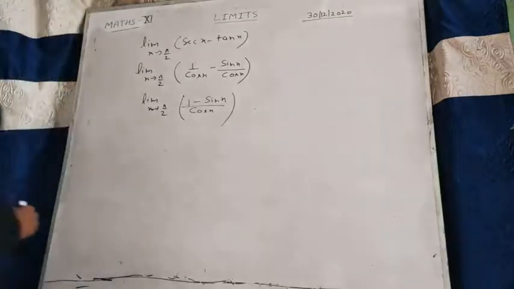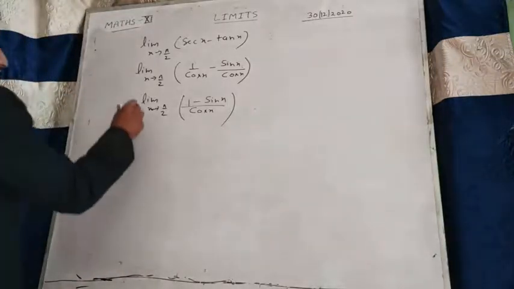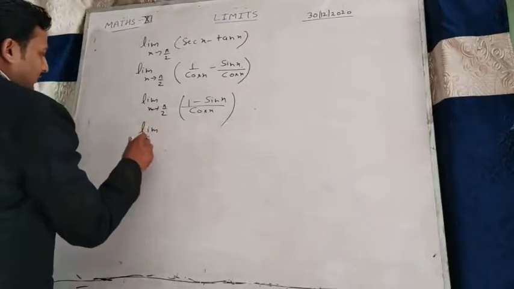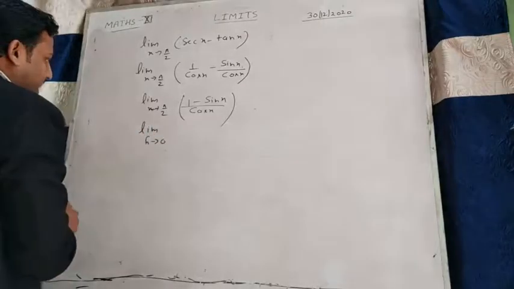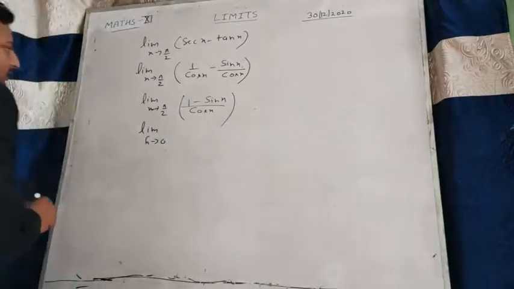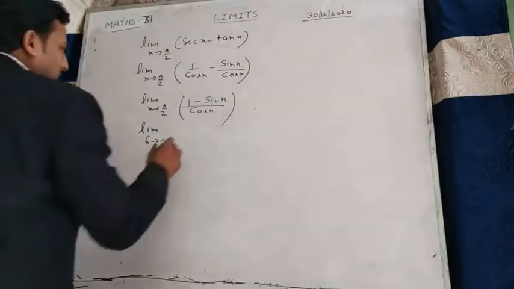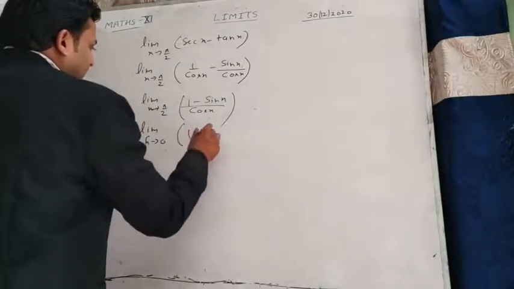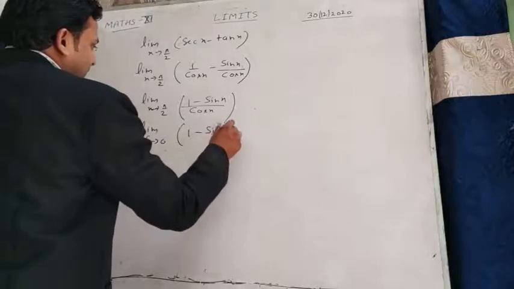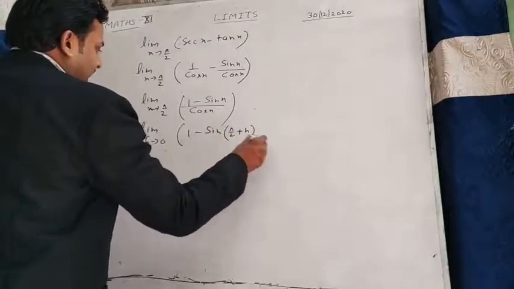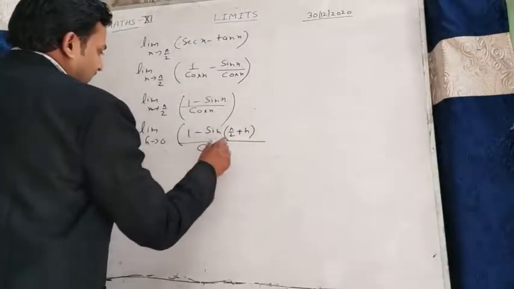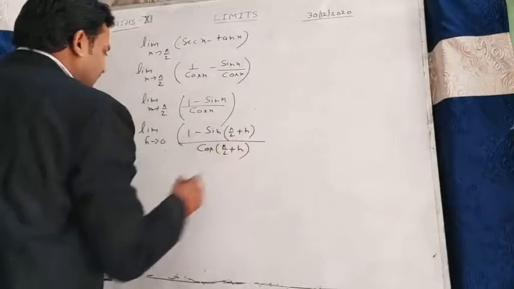Okay student, now if we change this to h tends to 0, so in place of x we can write 1 minus sin of pi by 2 plus h by cos of pi by 2 plus h.